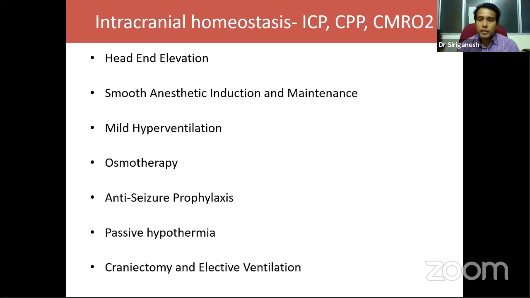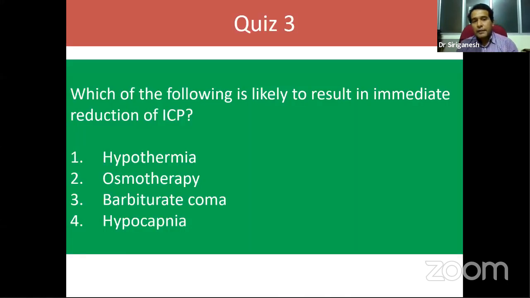One is head end elevation, neutral neck position, smooth anesthetic induction and maintenance, mild hyperventilation, osmotherapy, anti-seizure prophylaxis, passive hypothermia. And if all these medical measures fail to normalize ICP, CPP and metabolism, as a last resort, craniectomy and elective mechanical ventilation is performed.